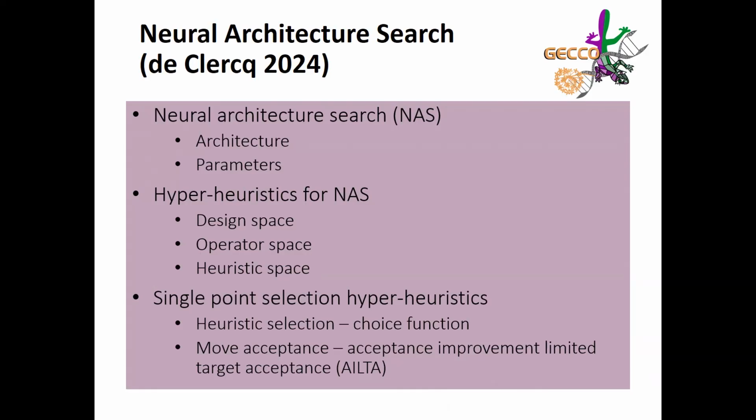Basically what the choice function did is it kept track of the performance of the different heuristics, and then based on that, decided which ones to use. And the move acceptance was an adaptation of improving only. The CHeSC challenge, which was mentioned earlier, that was the move acceptance that was actually the winner for that challenge. Mustafa Misir's adaptive iterated limited threshold acceptance algorithm, AILTA.